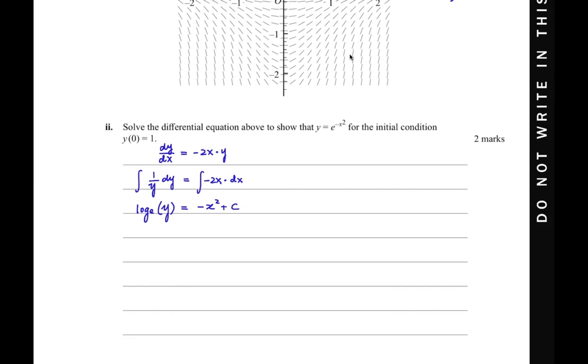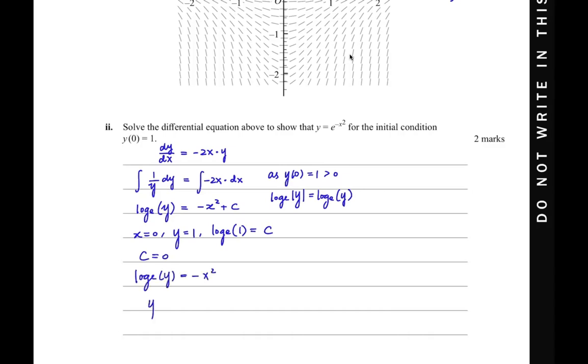You don't need to get any absolute value here because as y(0) equals 1 is greater than 0, log of absolute value y is log e of y, okay? When x equals 0, y equals 1, so log e of 1 is c. c is 0, so log e of y is minus x squared. y is e to the power of minus x squared, as required.